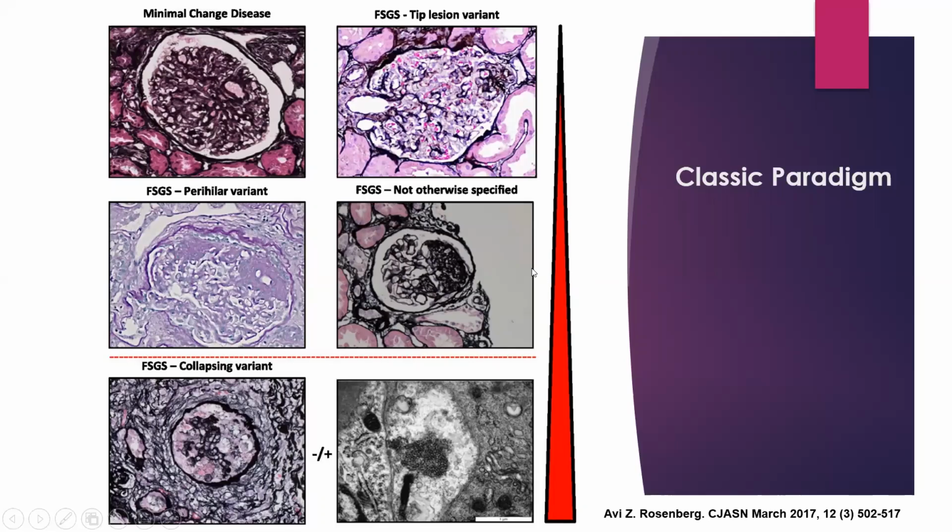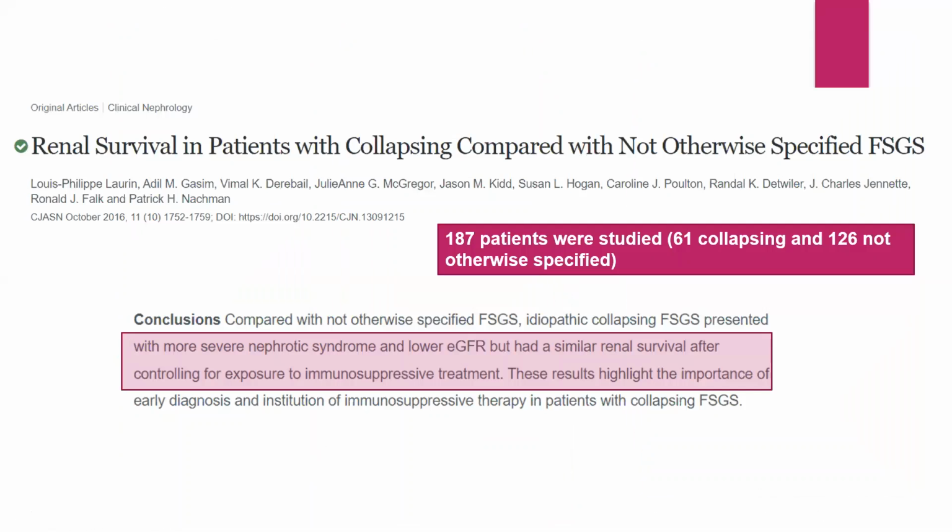So this is the classic paradigm, which has changed due to some thoughts. Number one, it is not only the light microscope which will judge the prognosis of FSGS, because we have some studies telling us that we have different prognosis criteria for the collapsing FSGS and the not otherwise specified.